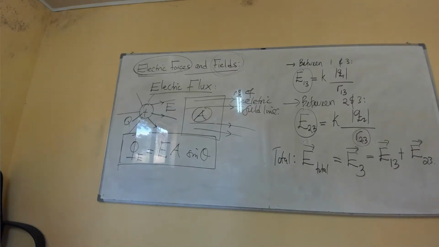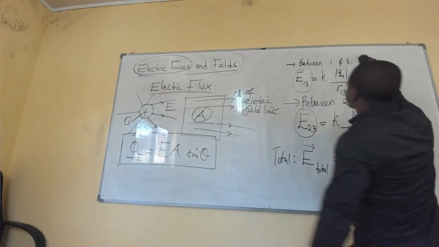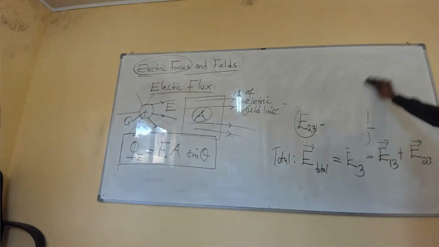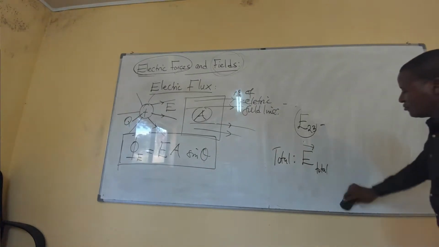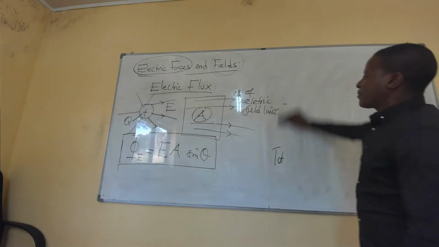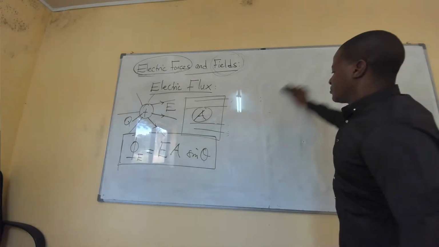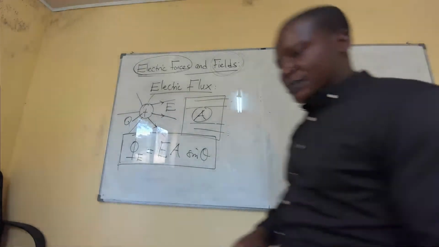Okay, and lastly, before we come to the end of our class, we'll look at what is called the Gaussian law. Of course, we have read about this before.